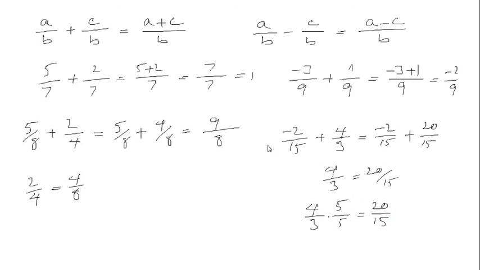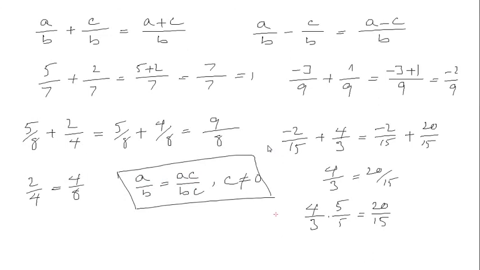So this is something that you can always do. Generally, if you have a over b, it equals a times c over b times c. So you can always multiply the numerator and the denominator of any rational number by any non-zero value c.